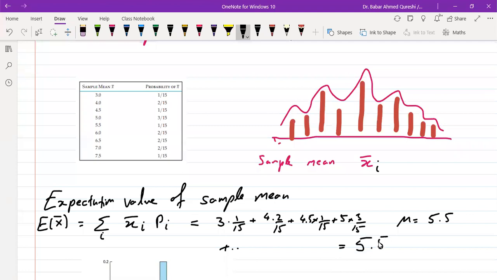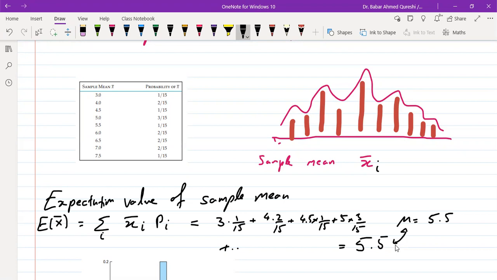So there's this interesting fact that when I took one variable and computed its expectation value, that was equal to the population mean. And now what I did, I took samples of 2, computed their mean, and took the expectation value of that mean.